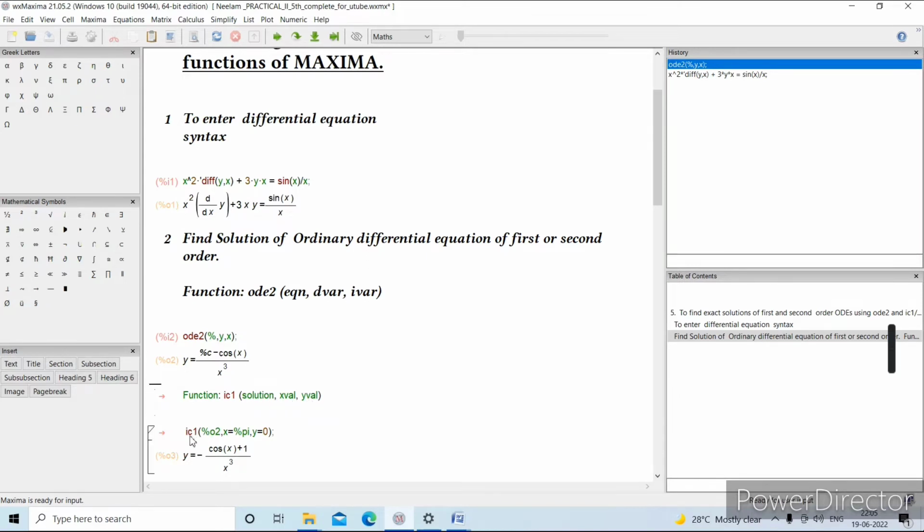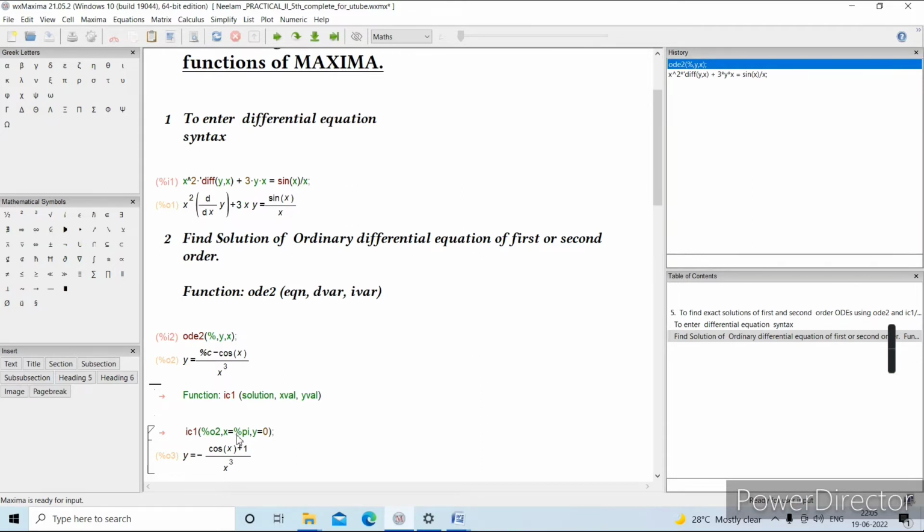So I will write here IC1. My output solution is %o2, output 2. You can write just % because before this line output is output 2. Otherwise you can write label of your solutions where you want to find the constant. So value of x is here pi.